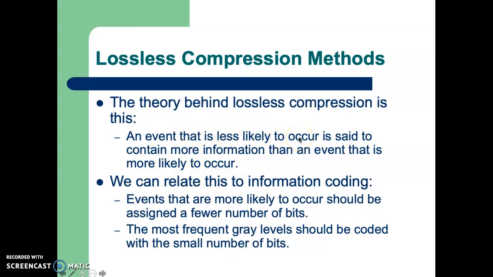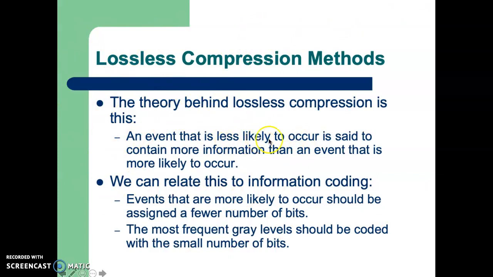So for example, you have an image. The pixel value may be 255. So 255 will occur only maybe twice, maybe here and here. So we consider this an image.